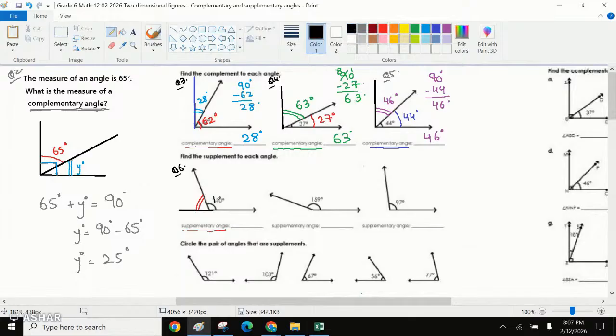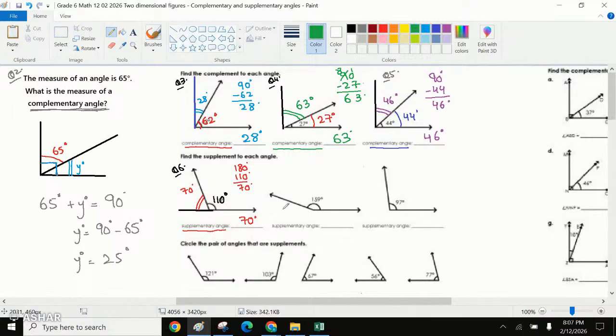If this angle was given as 110, then the missing supplementary angle should be 180 minus 110. That means it comes out to be 70. The supplementary angle for 110 is 70.